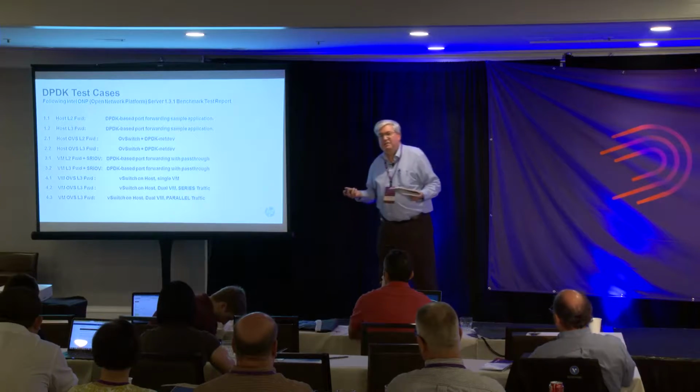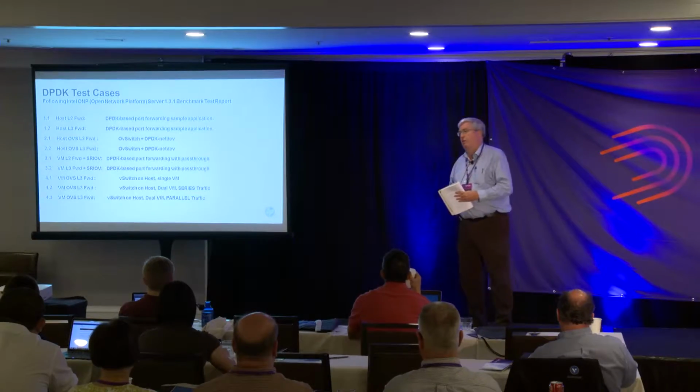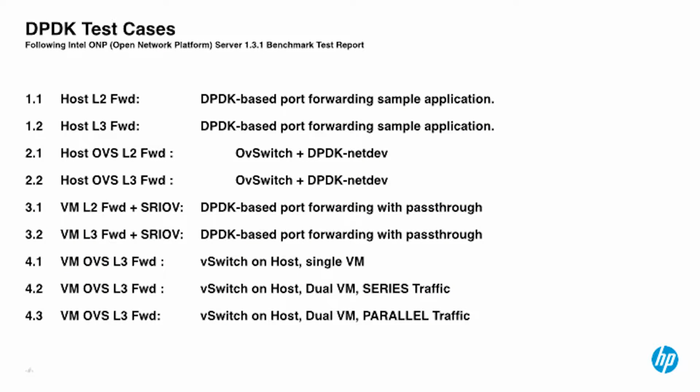For our test cases, we have worked with the ONP group, the Open Network Platform group with Intel, and they put out a nice benchmark test report as they do various versions of their ONP server, and we found that a good model to follow. We took that as our framework for testing. There are a number of different cases based on the L2 and L3 forward test programs that come as part of the DPDK distribution.